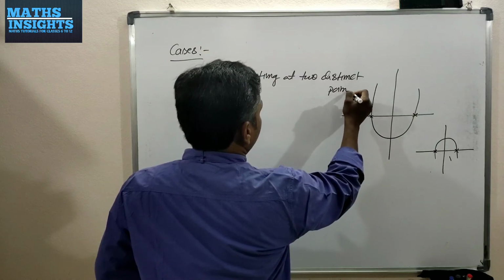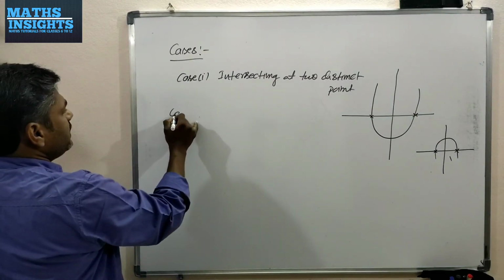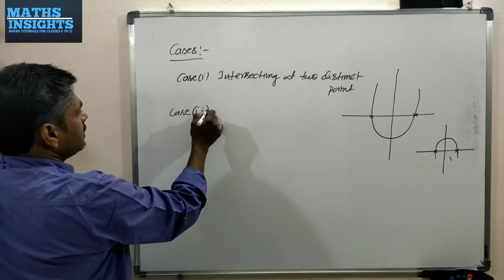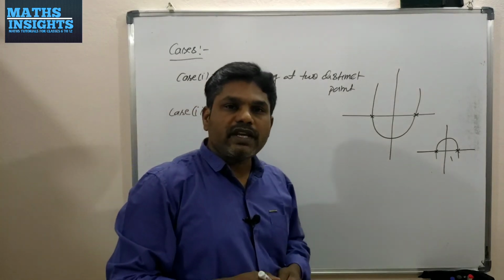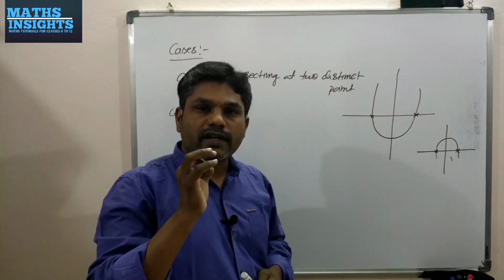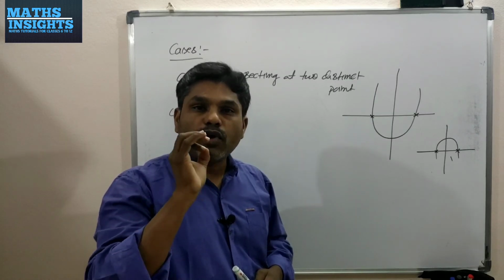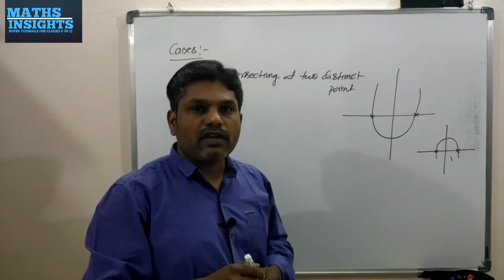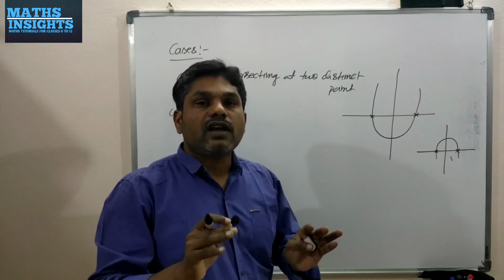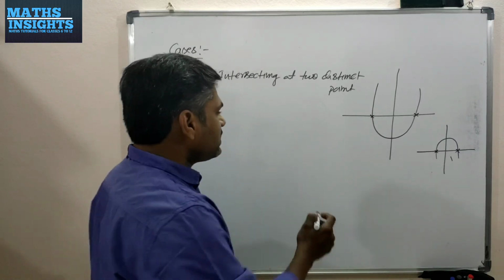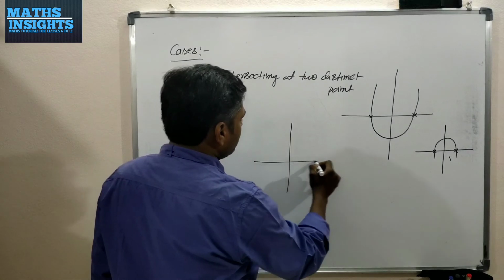And in the second case, they may meet, or in other words touch. The graph of a quadratic polynomial will touch the x-axis at only one point. I will show you the example.